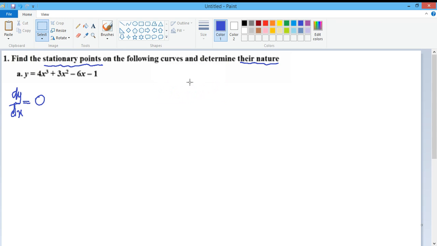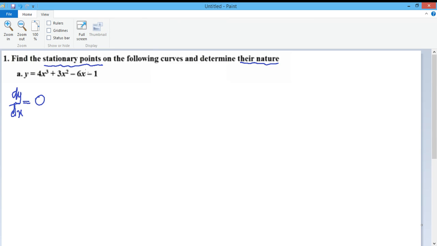Let's go on. Now, let's determine the gradient function dy/dx from our given equation. dy/dx will be 12x squared plus 6x minus 6.